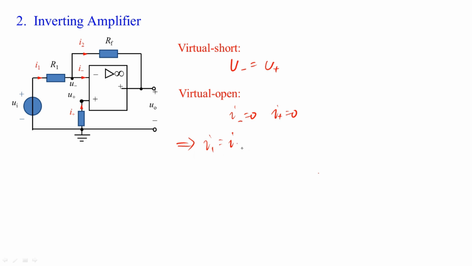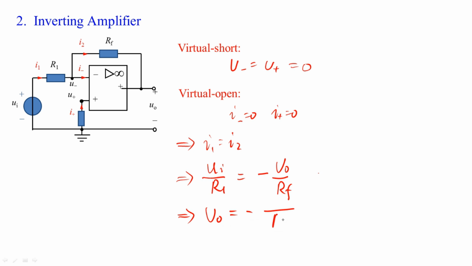Now that I1 equals I2 and U minus equals U plus equals 0, since U plus is connected to the ground, we get I1 equals UI over R1, and I2 equals minus UO over RF. Then the relationship between UO and UI is UO equals minus RF over R1 times UI.